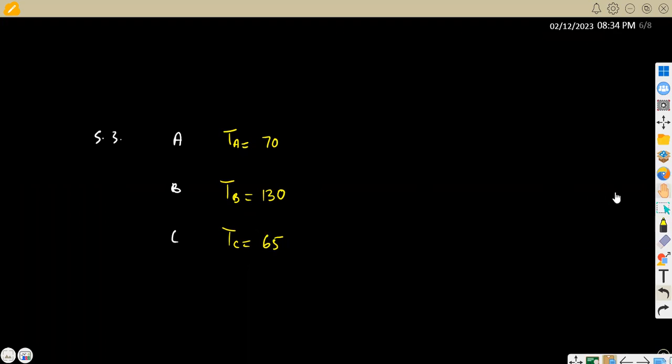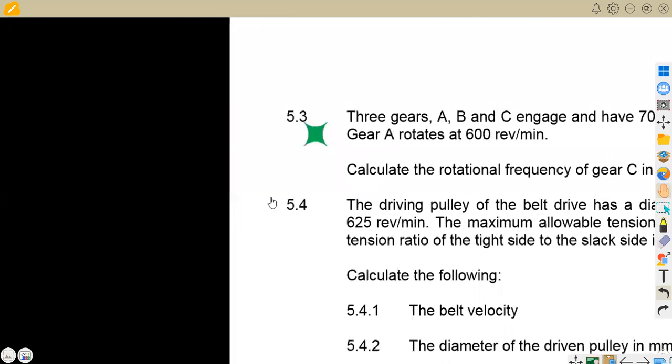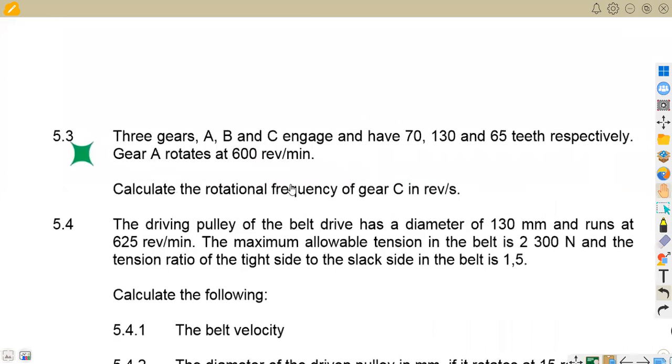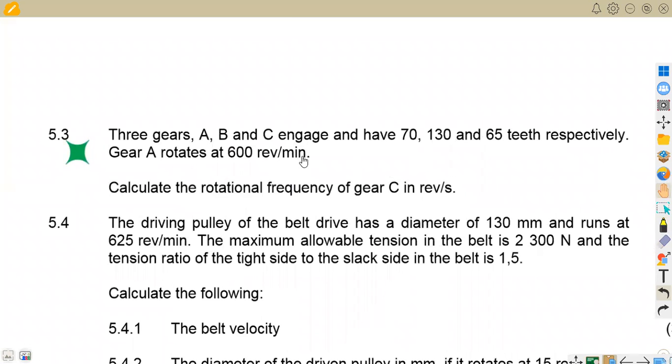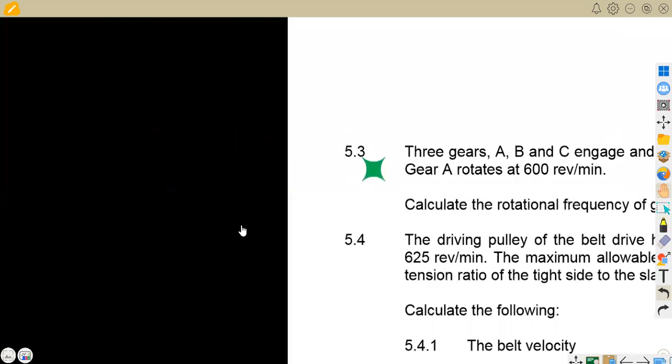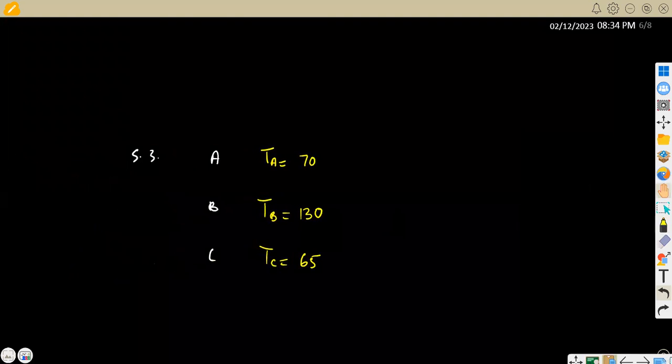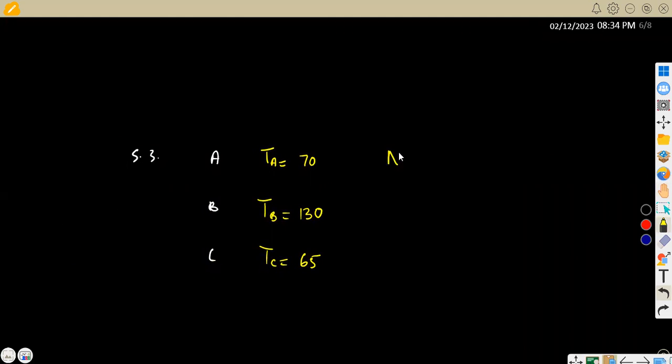And also, we are given the rotational frequency, which is that gear A rotates at 600 revs per minute. We are asked now to calculate the speed for gear C. So we need to find NC, but we are told that this must be in revs per second.